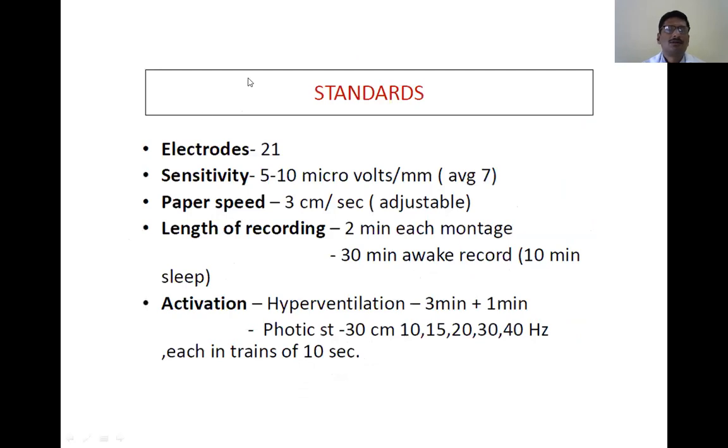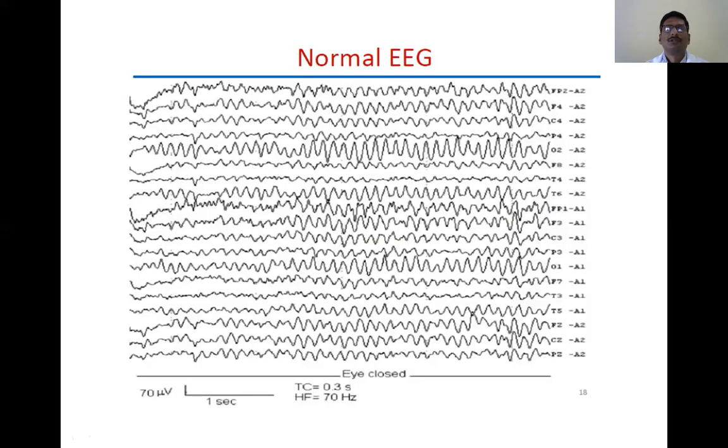So about 21 electrodes, sensitivity is 5 to 10 microvolts, and paper speed about 3 centimeters per second, and length 2 minutes for each montage. Activation can be done by maybe photic stimulus or maybe by hyperventilation. You can do it. These are normal EEG wave patterns.